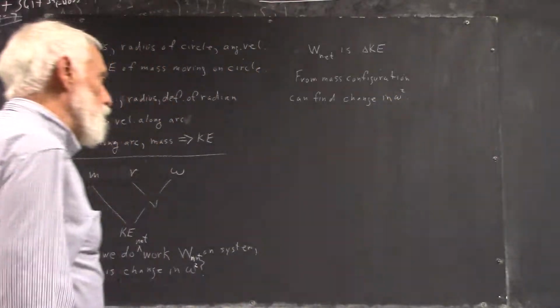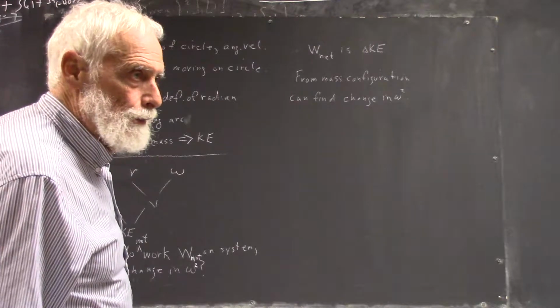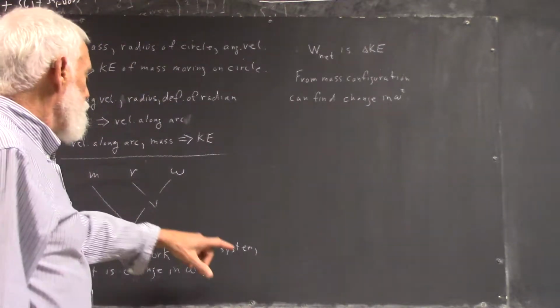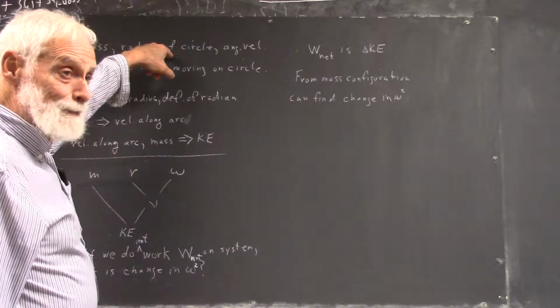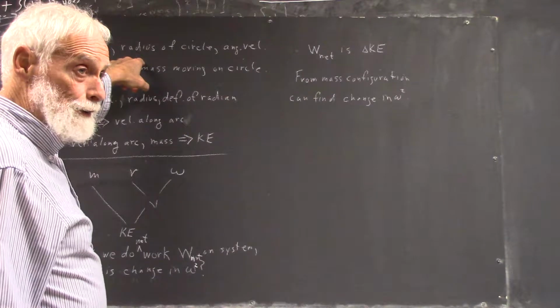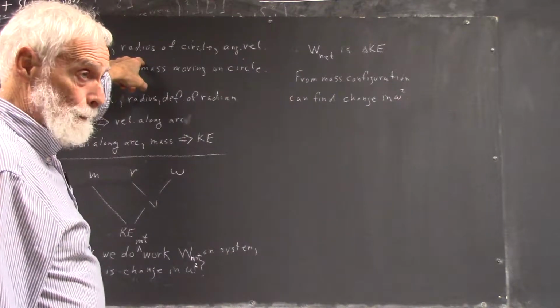From mass configuration, you could find the change in omega squared. If we're talking about this system, where you just have a mass at a certain distance, okay?